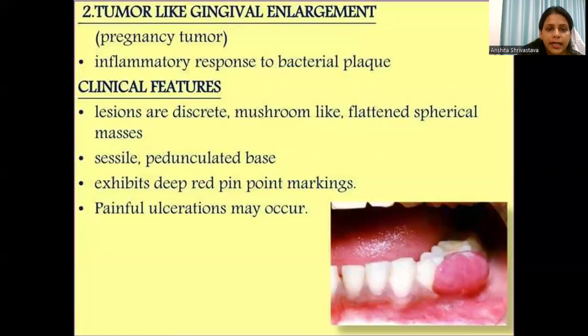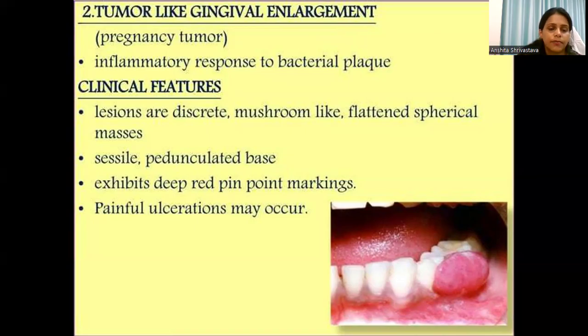Second is tumor-like gingival enlargement, also known as pregnancy tumor. It is an inflammatory response to dental plaque. Plaque is already there for initiation, and the inflammatory response to bacterial plaque is responsible for gingival enlargement.